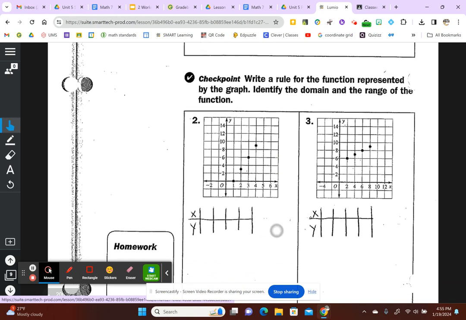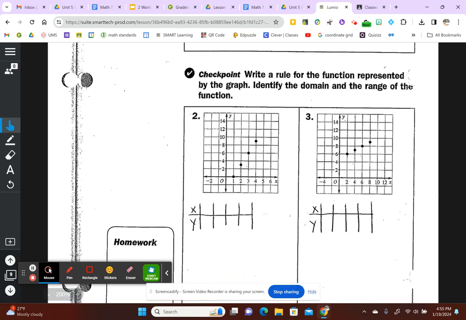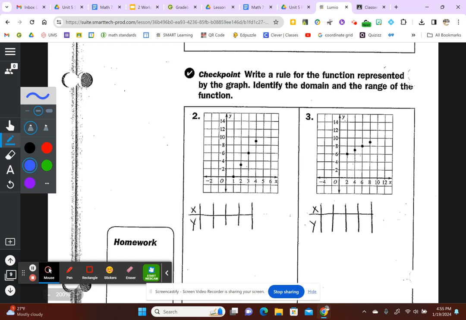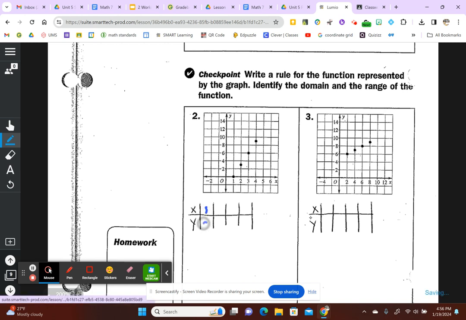Now, for here, I'm going to go from looking at points on a graph to making a table to finding a rule. So you try to do this on your own. Turn this back on and see if you're right. So here, my first point is 1, 0. My next point is 2, 3. And it's 3, 6.